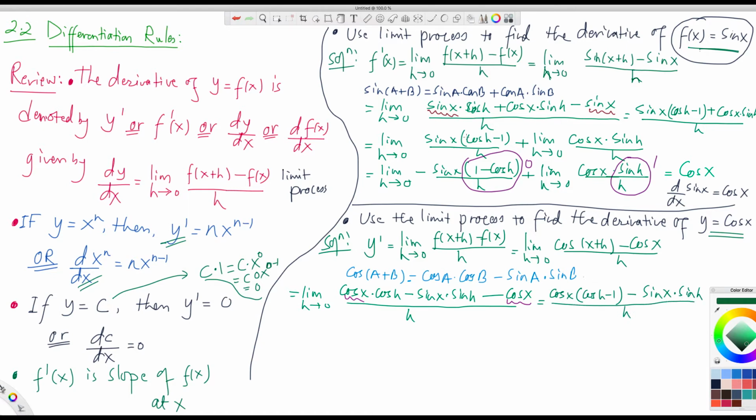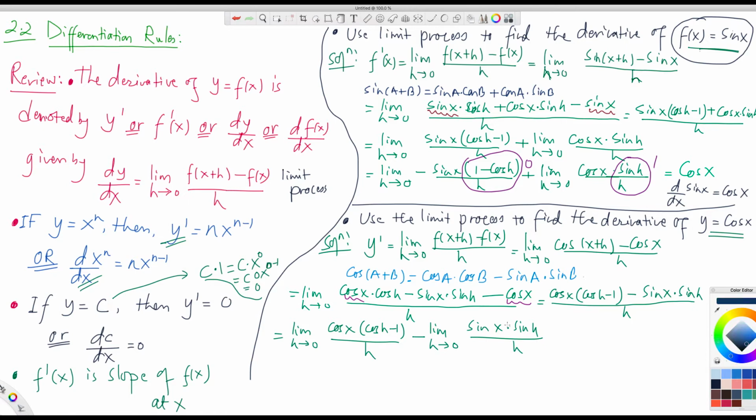As we did here, I want to split the denominator: limit h tends to 0 of cosine of x times cosine of h minus 1 divided by h, and then minus limit h tends to 0. I'm distributing the limit as well, I can do that. Sine x times sine of h over h.